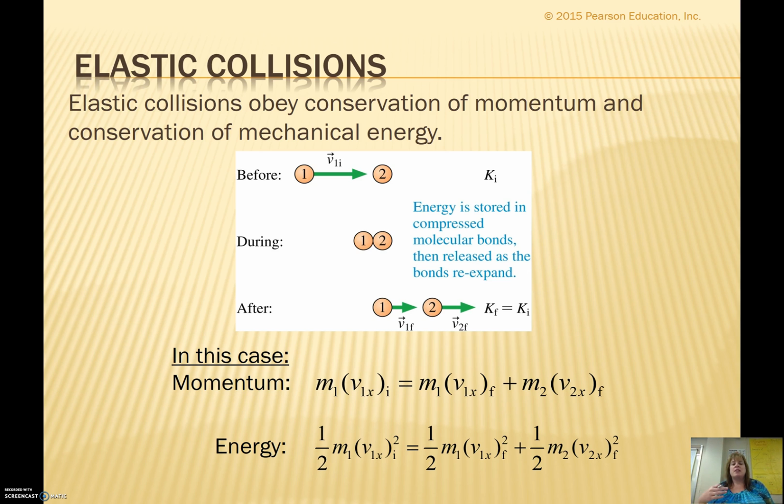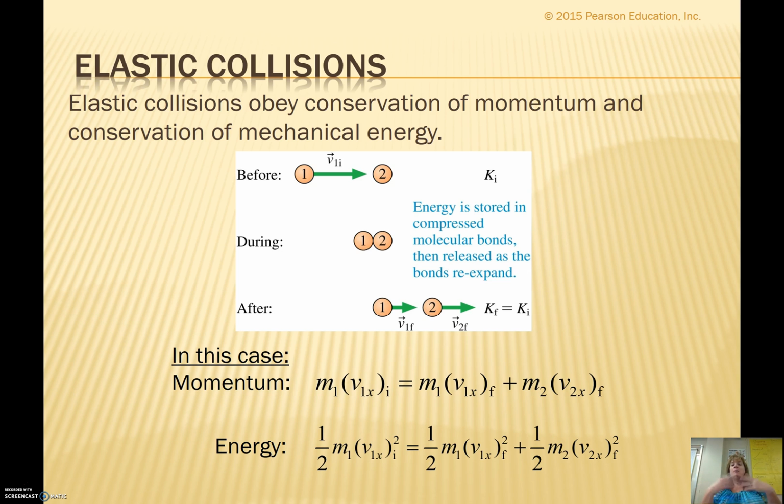Now, if you think about this, if we tried to solve this with momentum, and I only had the initial velocity, or the initial momentum of the first ball, and I didn't know the final velocities of the two balls, I couldn't solve for this with just using conservation of momentum because I need two equations. But using the law of conservation of energy with momentum, then I have two equations.